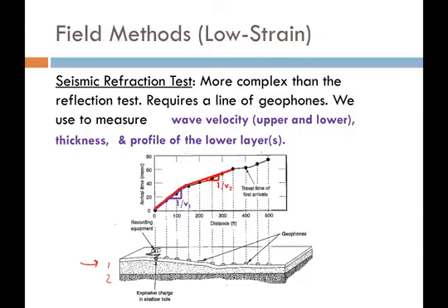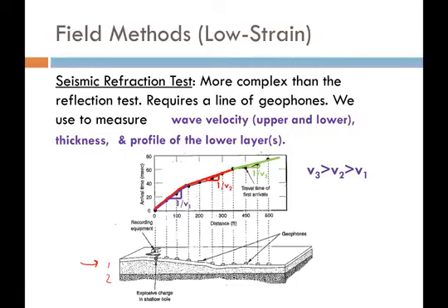And then if I take the next slope on my plot and draw a tangent line through those points, the slope of that line is inversely proportional to the propagation velocity of the second layer, and the third layer, and however many layers I want. This method is not confined to just 2 layers. We can have multiple layers if we wanted to.